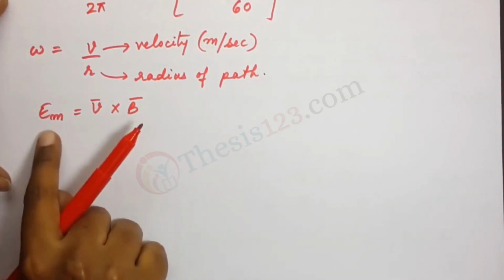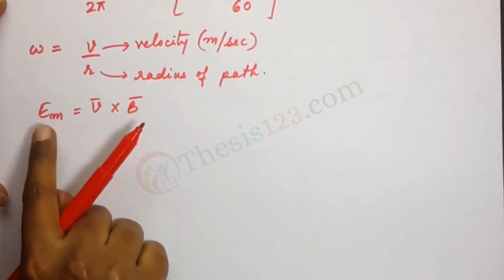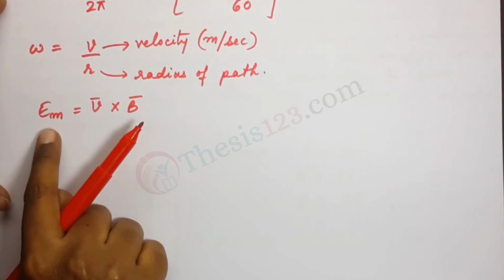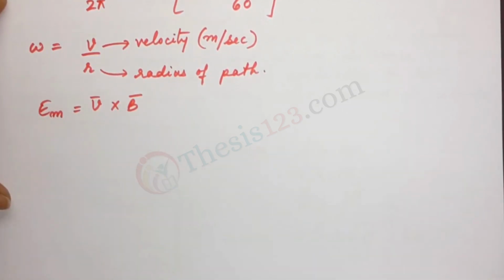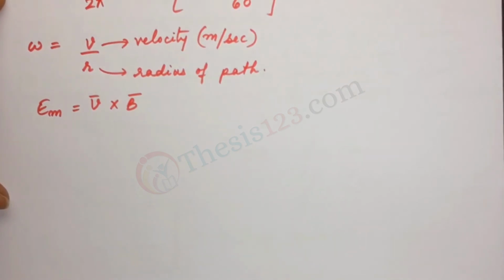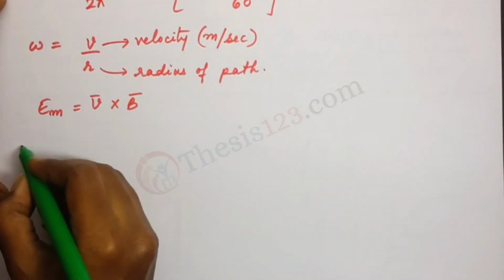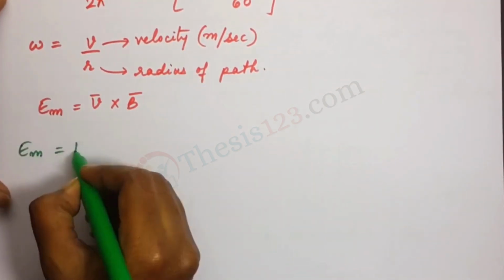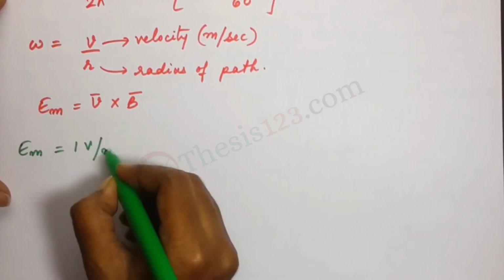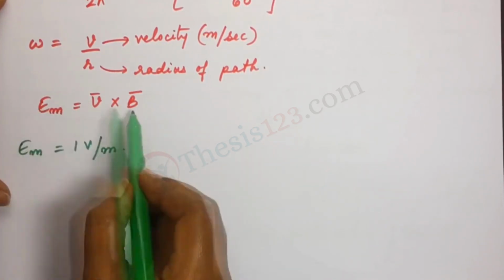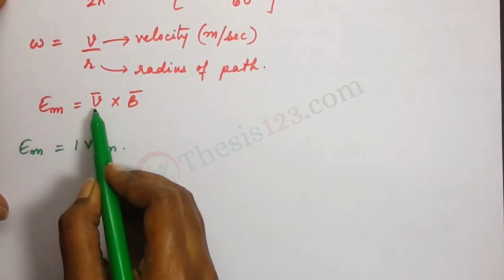So we have now written the expression for voltage induced in terms of induced electric field. So we found that EM is equal to 1 volt per meter. Now using this expression here, we will get what V is.